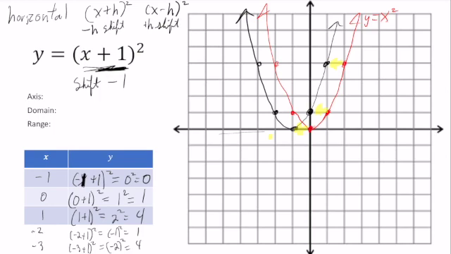My axis has moved as well, right? So let's talk about domain real quick. My domain is all possible x numbers. That has not changed. It goes from negative infinity to positive infinity, or you could say all real numbers. My range, if I take a look at my range, it starts at 0 and goes all the way to infinity.